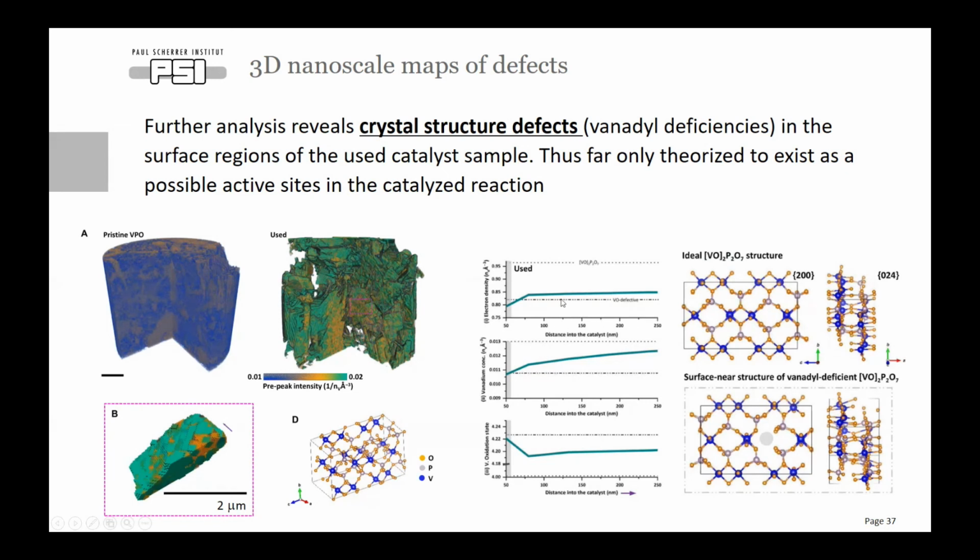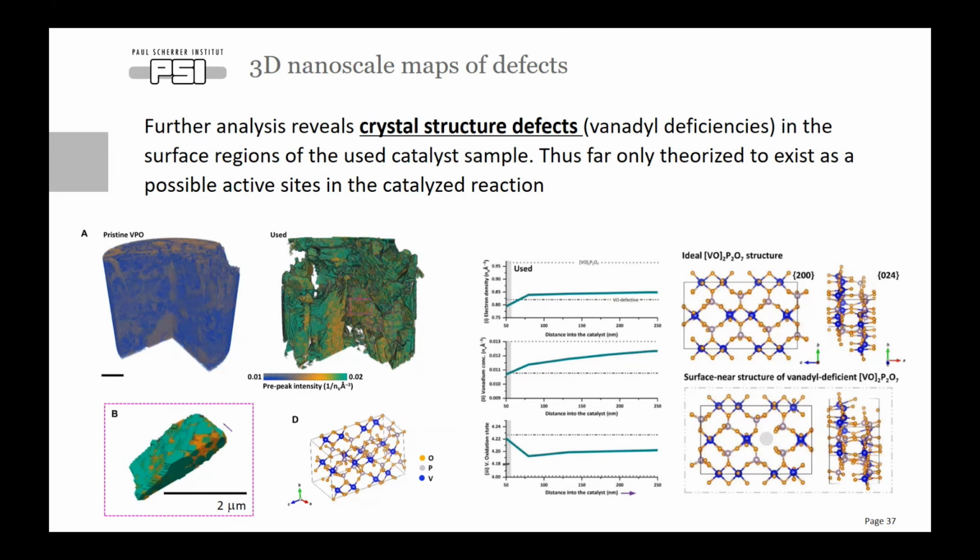And our collaborators did some fitting of the spectrum from these different distances from the surface. They found that at the surface, we had an abundance of this vanadyl-deficient catalytic active site, which had been theorized, but this is the first time that we actually observed it, in the sense that we could also correlate it to the boosted performance of the catalyst.